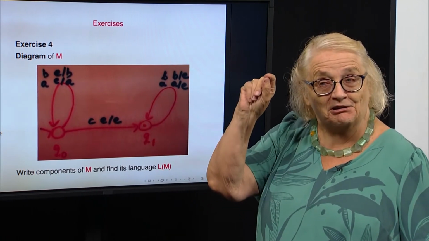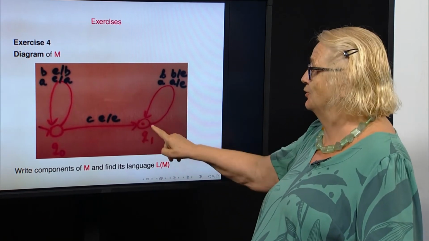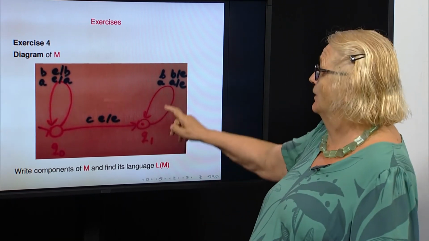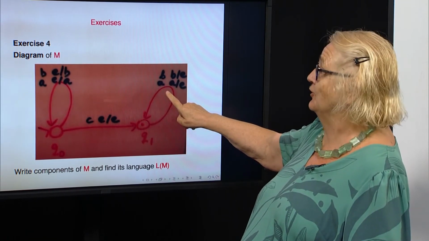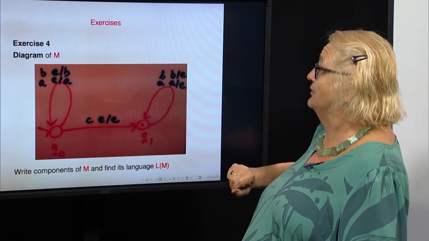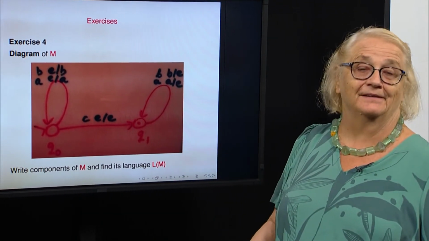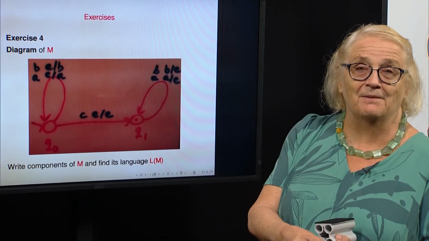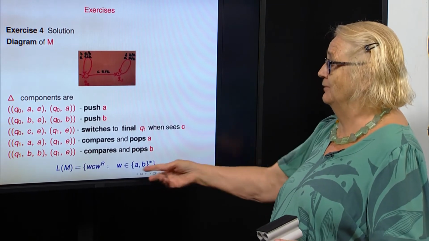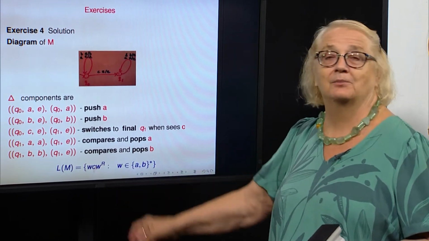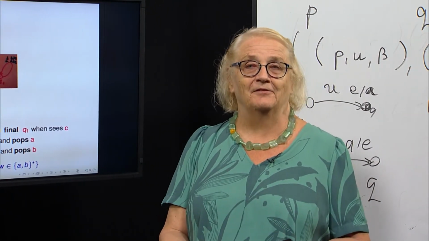When it reads c, it does nothing to the stack and switches to the final state. And now, if it reads a with a on the top of the stack, it pops it; it reads b with b on the top, and pops b. So the language would be w c w reverse. Nice diagram.